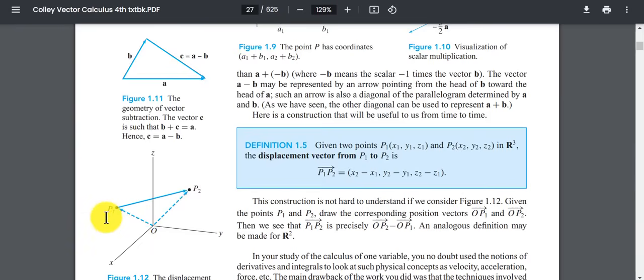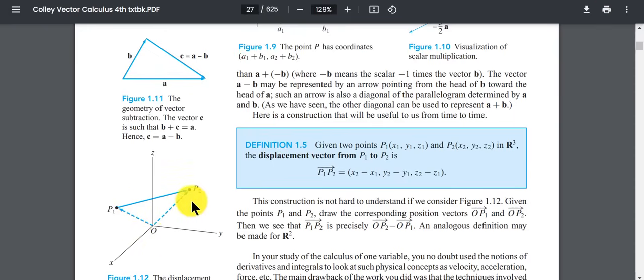Anyway, the displacement vector from this point to this point is the same thing as this dashed vector minus this dashed vector. Just like this was A minus B, this is this vector minus this vector.